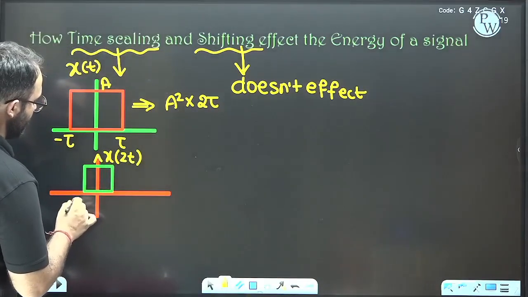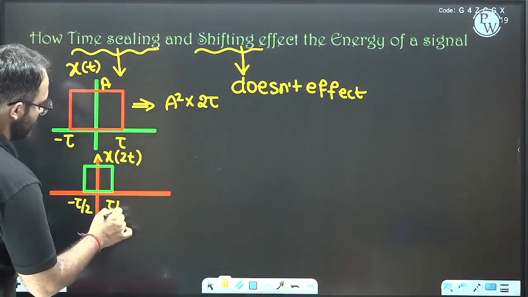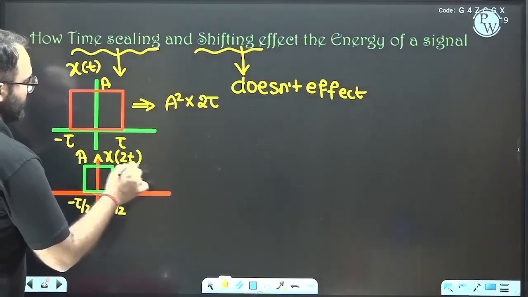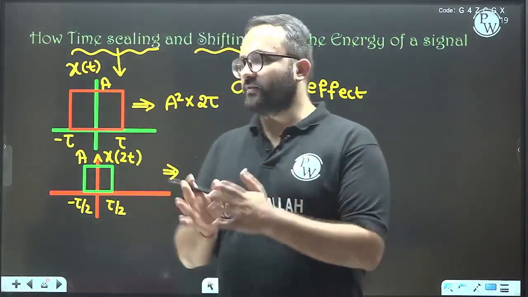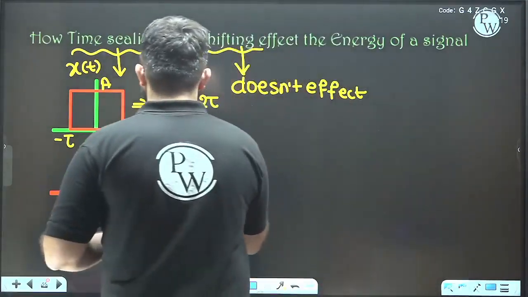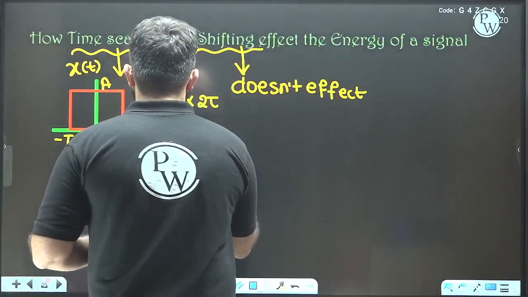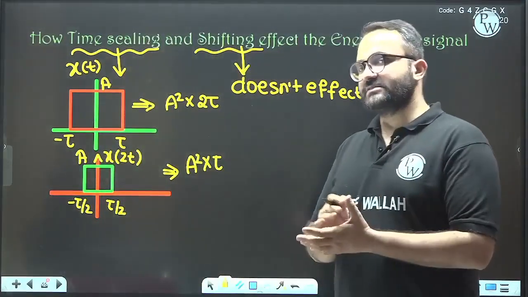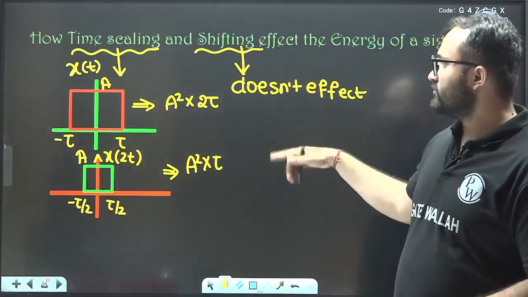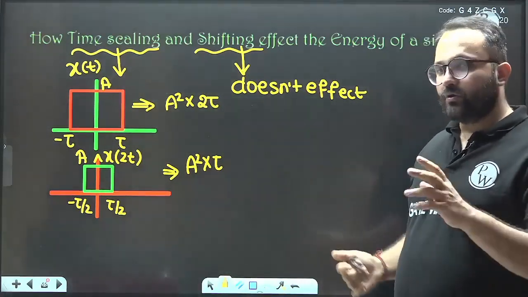So it will be from minus tau by 2 to tau by 2, height is A again. What will be the energy of this contracted signal? Height square, that is A square, multiplied by width. Width is tau. So we can see that if we compress the signal by 2, the energy reduces by a factor of 2.